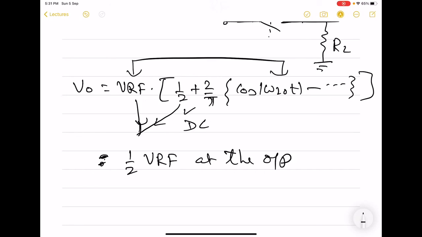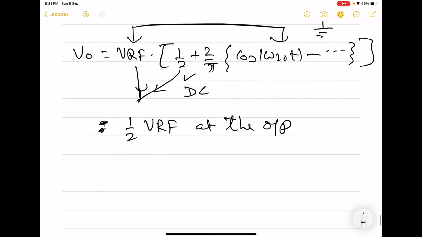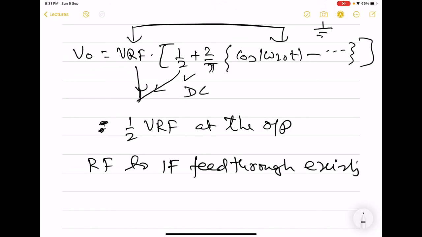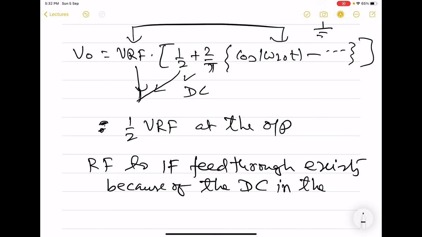So we see that RF is able to reach to the output because of this DC present in the square wave. So we say that RF to IF feed through exists because of the DC in the square wave.